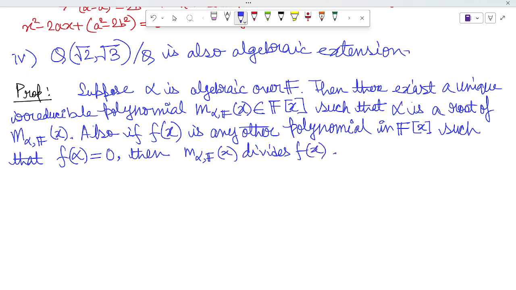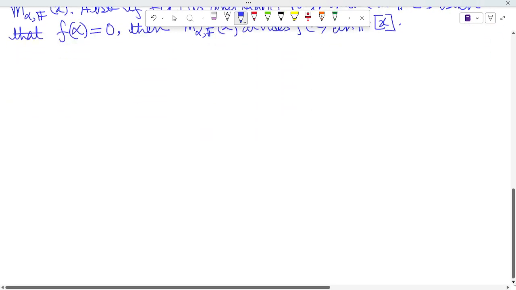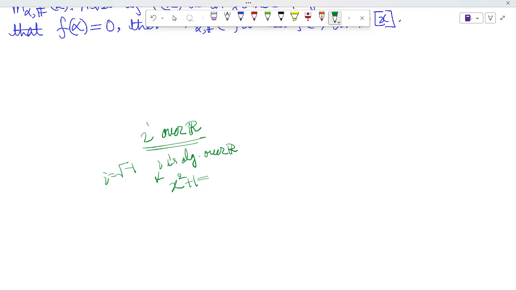So you know already what I am trying to say. For example, consider i over R. i is algebraic over R. Why? i, meaning square root of minus 1, satisfies x square plus 1 equal to 0.